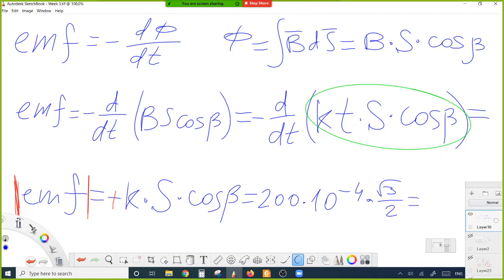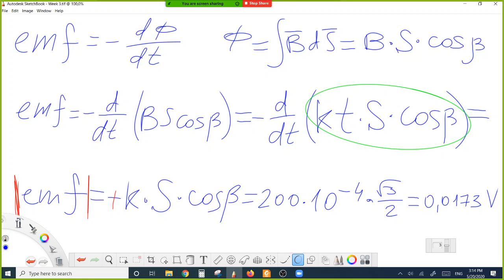If we compute the numeric value, what do we get? 200 divided by 2 multiplied by 10 to minus 4 and multiplied by square root of 3 gives 0.0173 volts.